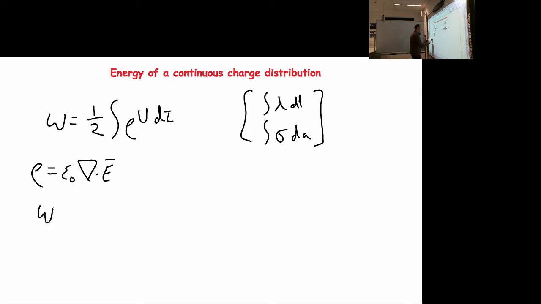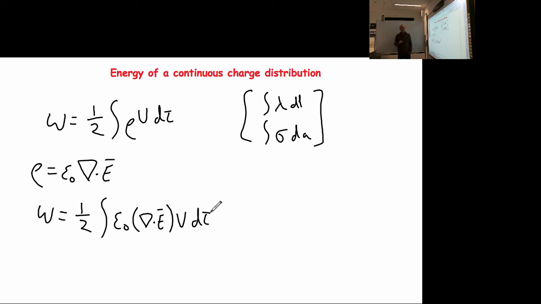So now we have our work equal to 1 over 2 times the integral of epsilon naught times the divergence of our electric field times V d tau, which is our volume integral.